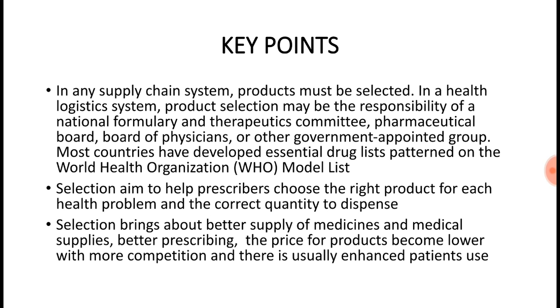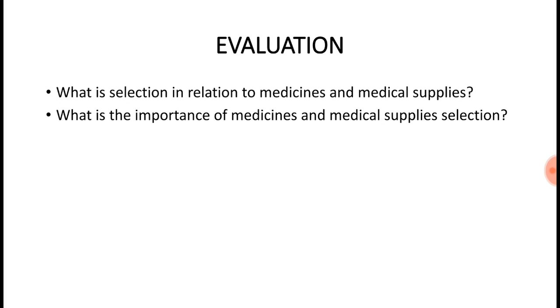And the selection brings better supply of medicines and medical supplies, better prescribing, the price for the product becomes lower with more competition, and there is usually enhanced patient use. And this is the evaluation.